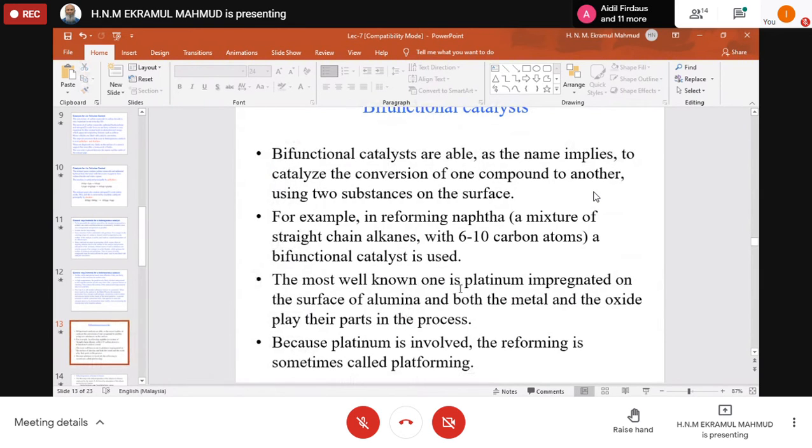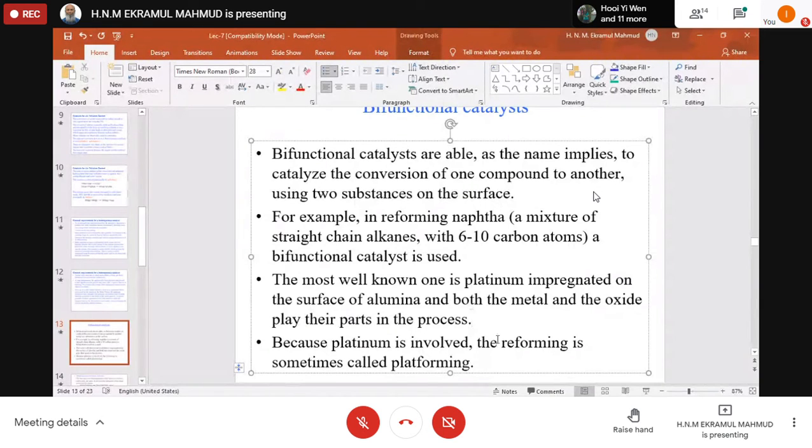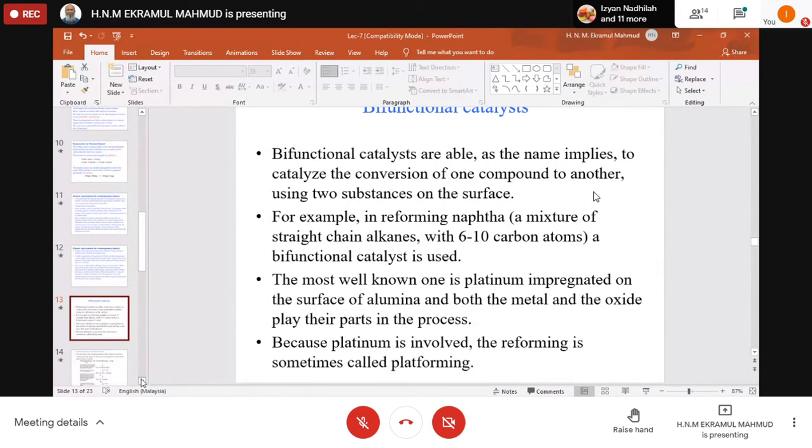The most well-known one is platinum impregnated on the surface of alumina. So on the surface of alumina, platinum is there. Both the platinum and aluminum oxide play their part in the process. Because platinum is involved, the reforming is sometimes called platforming.